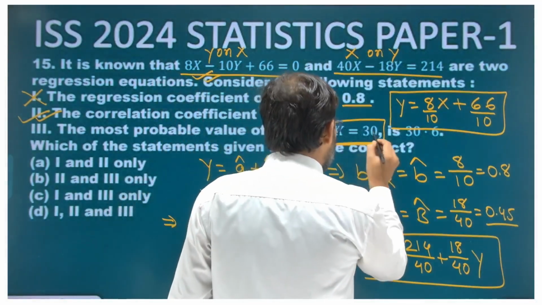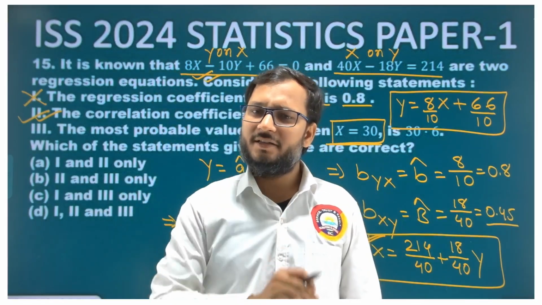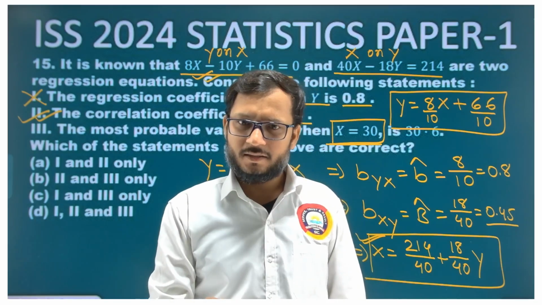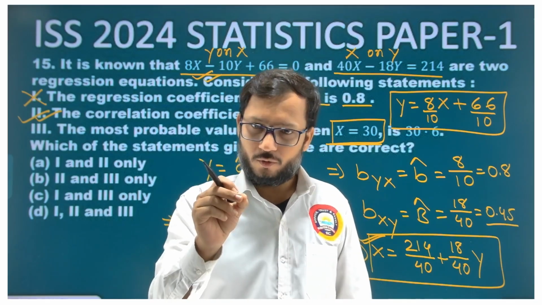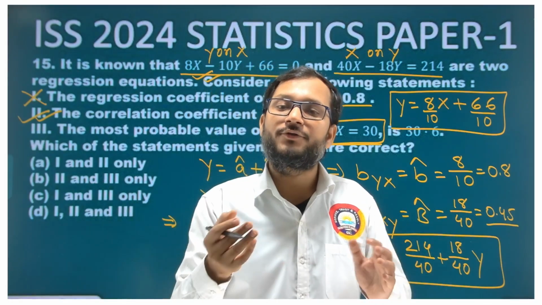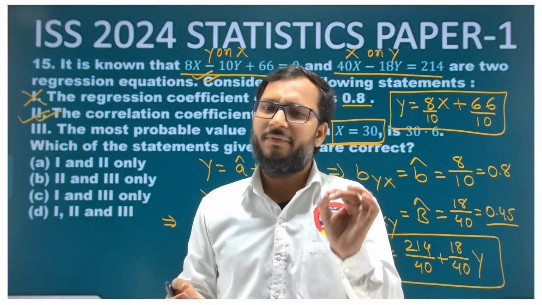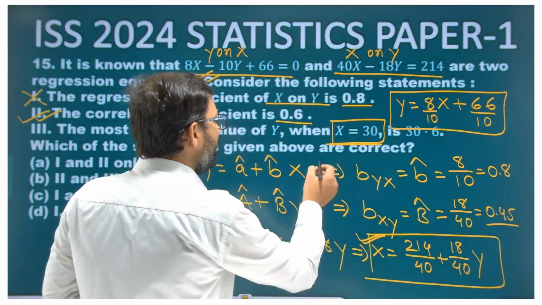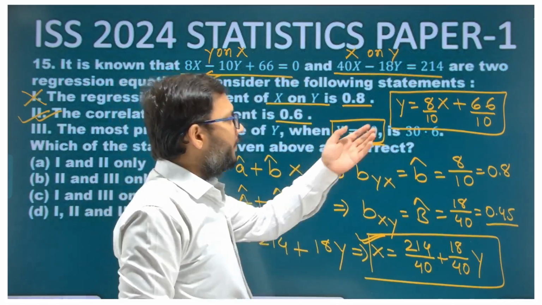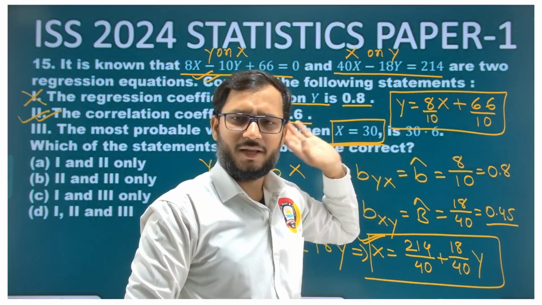Because x is given, and as you may have studied in the assumptions of the linear regression model, for regression of y on x, x should be known, non-stochastic, or constant. Constant means it is known to us. So to find y, we put the given x in the regression equation of y on x.